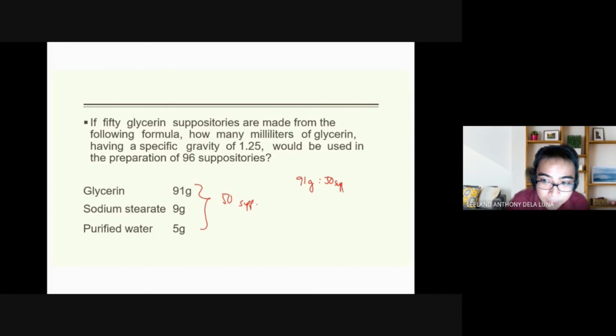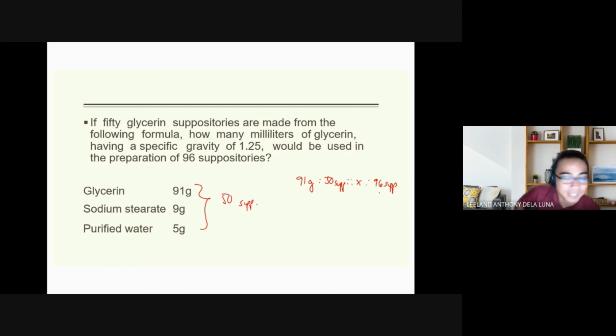50 suppositories. Therefore, ilang grams ng glycerin daw ang gagamitin ko to make 96 suppositories. Okay, grams muna, i-grams muna natin para hindi kayo malito. Kasi kanina, diniretso ko agad, convert eh. Pero ngayon, sige, dahan-dahanin natin siya. Alright?